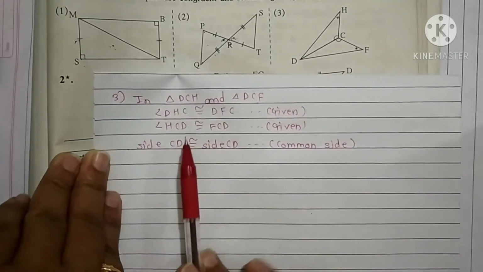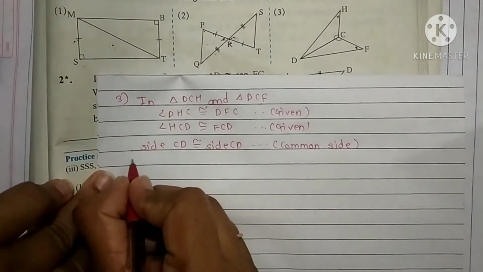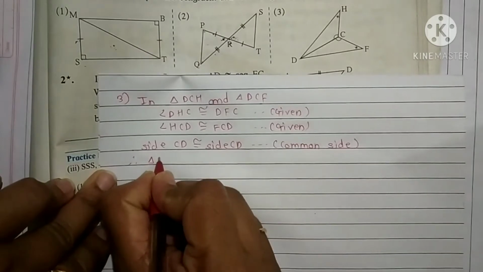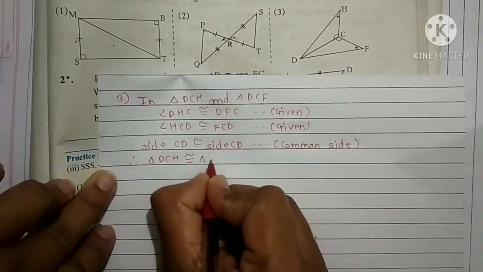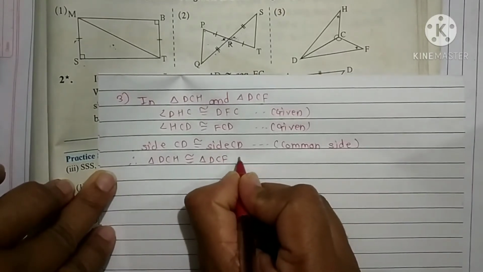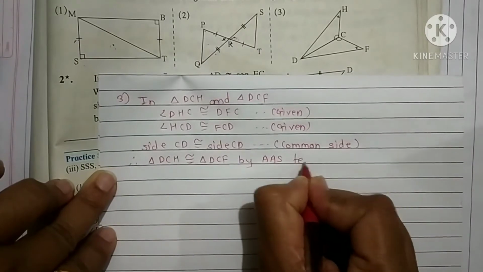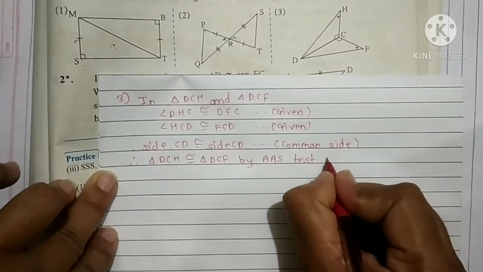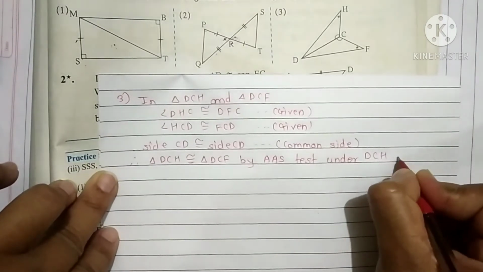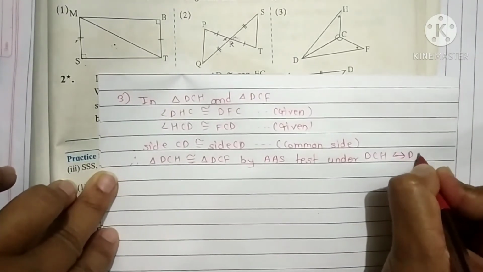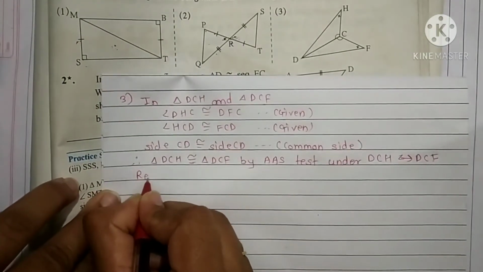Here two angles and one side are congruent. Therefore we can write triangle DCH congruent with triangle DCF by the AAS test under correspondence DCH to DCF. Now we write the remaining congruent parts.